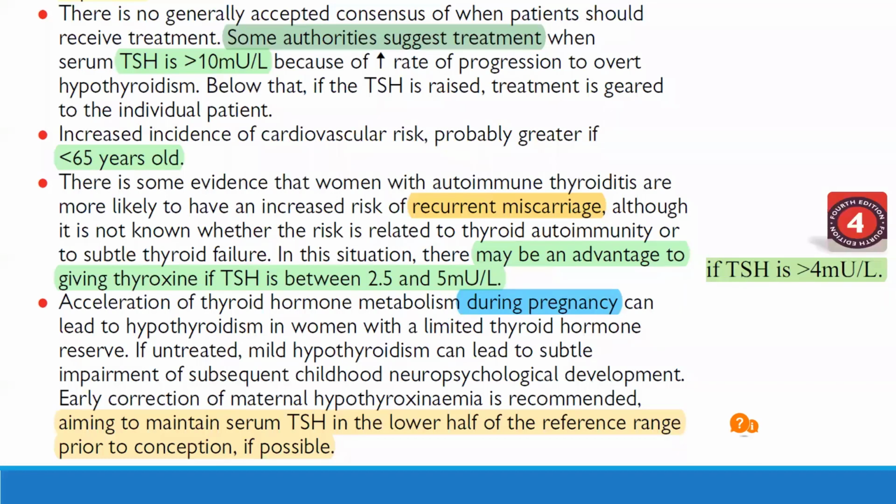If the age is more than 65 to 70 years, for the elderly, don't treat except TSH is more than 10 plus symptoms of hypothyroidism. And this is a trial. If the symptoms are not improved after 3 months, please stop thyroxine.